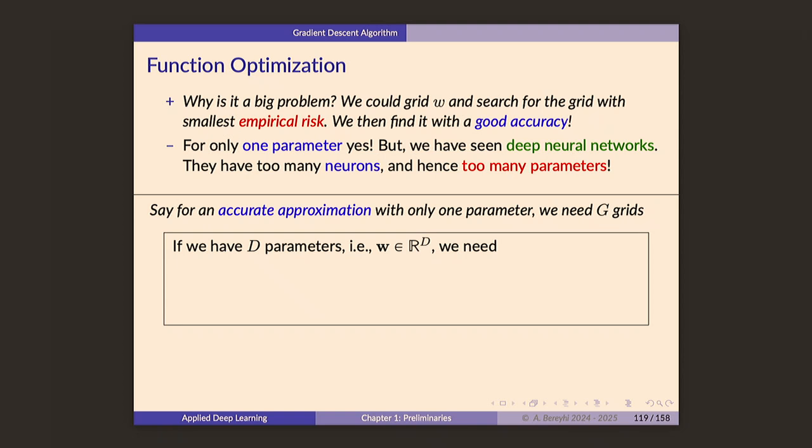Say I'm looking in one interval of length 1, from 0 to 1. And if I make a fine grid of 10 grids, then the distance between every 2 points on this grid is 0.1, correct? Now, if my function is two-dimensional, and I want to have as small a grid as before, how many grids should I make?